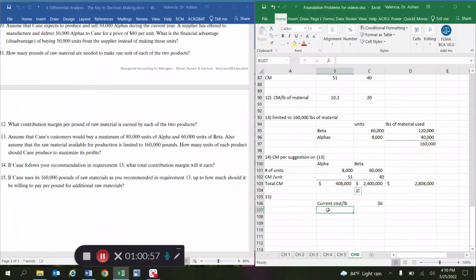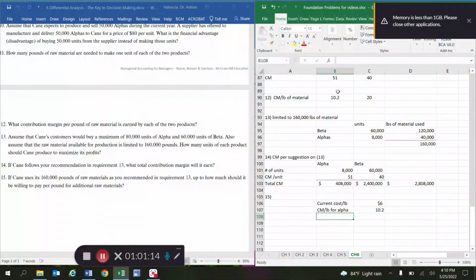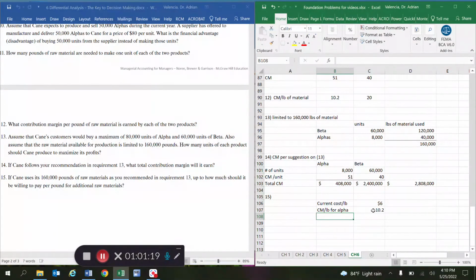So in this case, I'm going to add on the contribution margin per pound for the alpha. And that's the 10.20. In other words, I would have to lose out 10.20 per pound for me to say I can't pay anymore. So up to this summation, okay, and let me go ahead and do that. Up to 16.20, that's the maximum amount. That's the maximum amount I will pay per pound in order to still be profitable with the alphas.